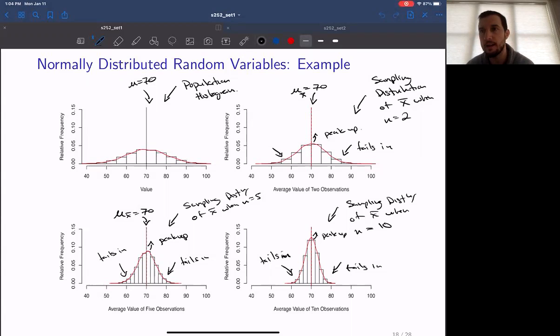You can see that as the sample size increases, the peak of the distribution goes up and the tails come in. This represents, in some sense, convergence to the mean. This is a tighter distribution, which means that we are getting more precise estimates for the population mean.